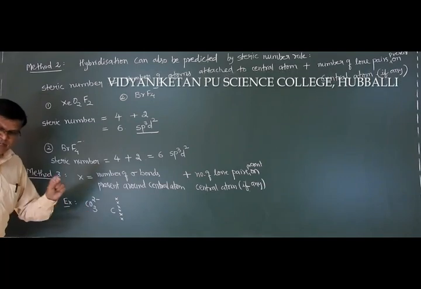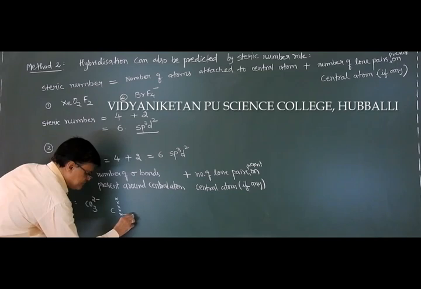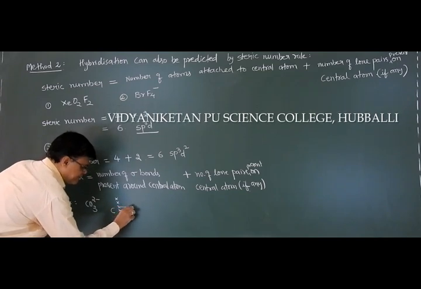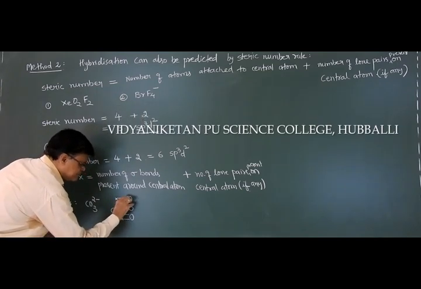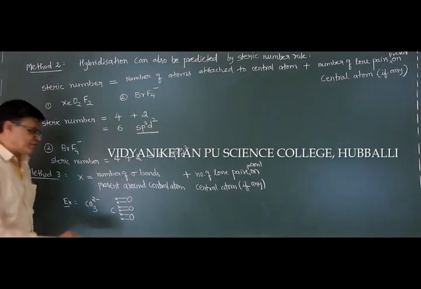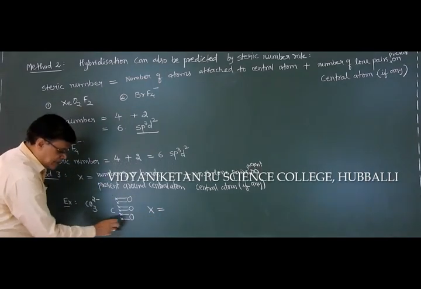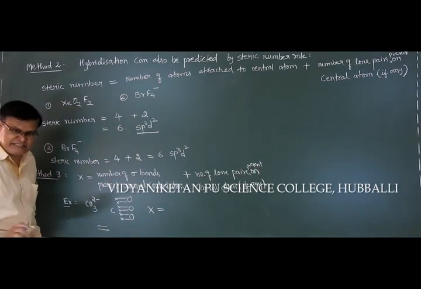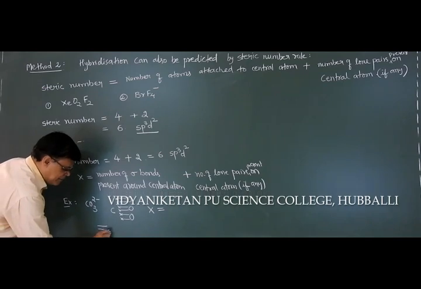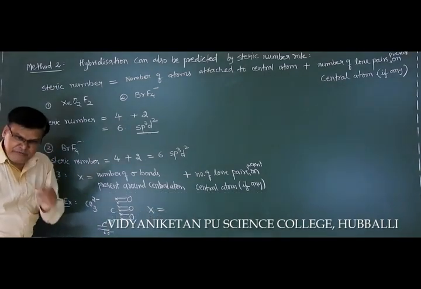Now 3 oxygen atoms. Oxygen always forms a double bond. 1 oxygen atom, 2 oxygen atoms, 3 oxygen atoms. Write down like this. Then according to the formula, X equals the number of sigma bonds. A double bond is nothing but one sigma bond and one pi bond. Clear all of you? Only sigma bonds we have to consider.